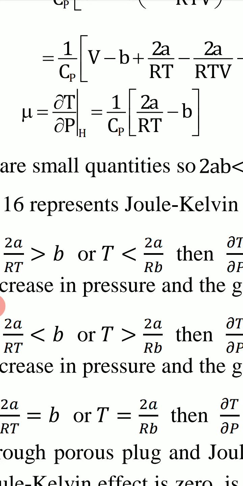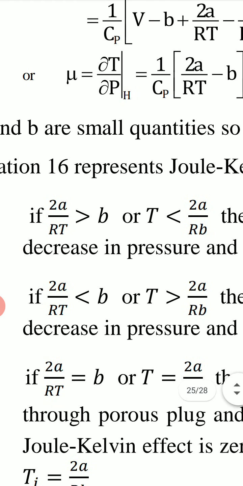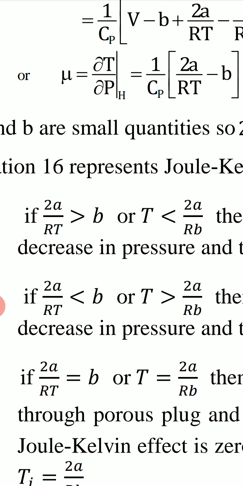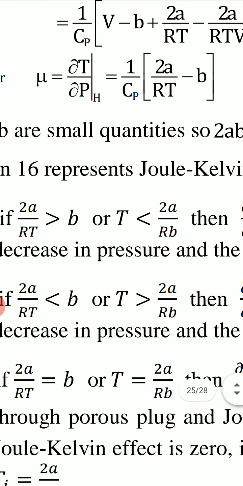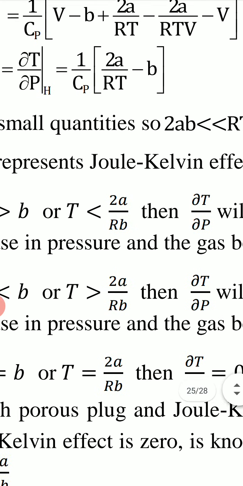Then delta T will also be negative and the temperature of the gas will decrease. So in this experiment the temperature of the gas decreases.